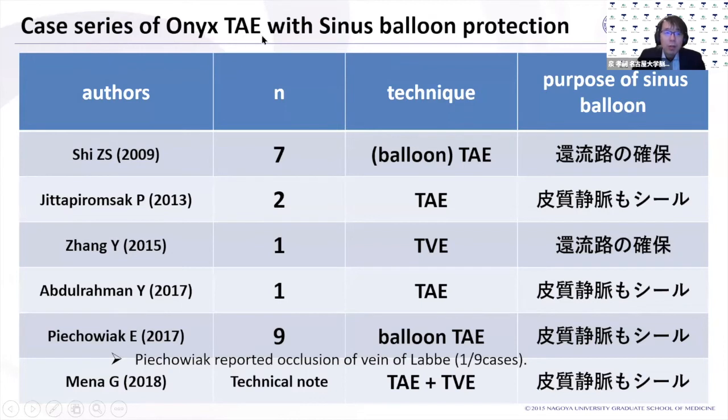Case series of Onyx TAE with sinus balloon protection, 6 reports were seen. Pishoriak reported occlusion of the vein of Labbe in 1 of 9 cases. So venous occlusion is a complication we must take care of.